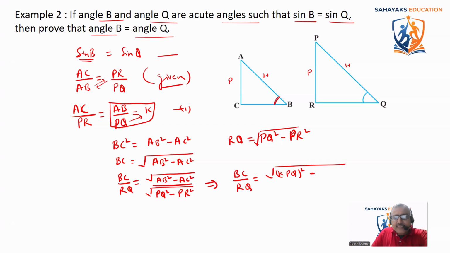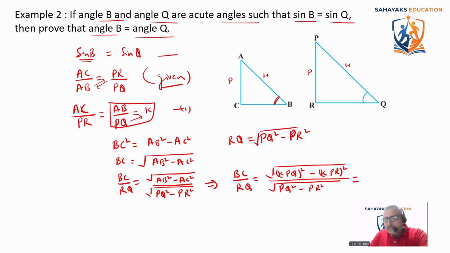So instead of AC, I'm going to write K into PR square, divided by the same square root of PQ square minus PR square.